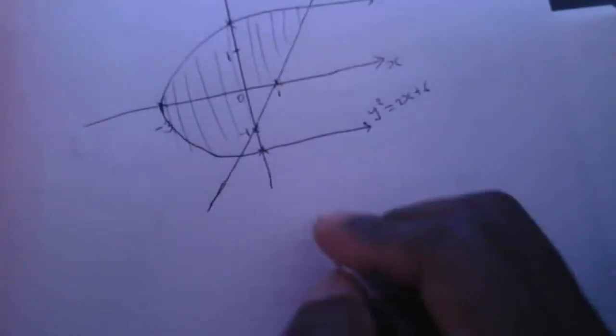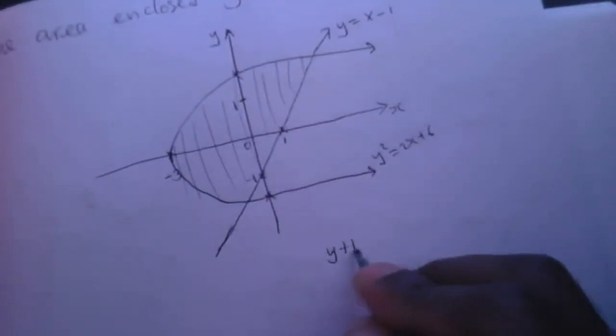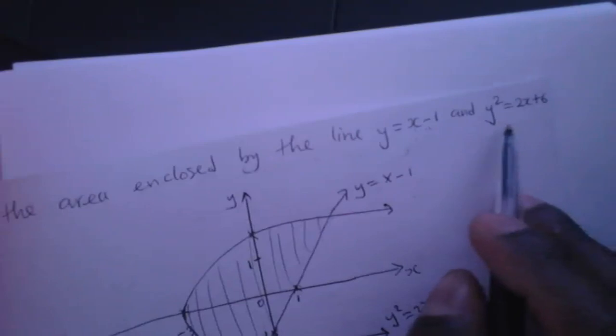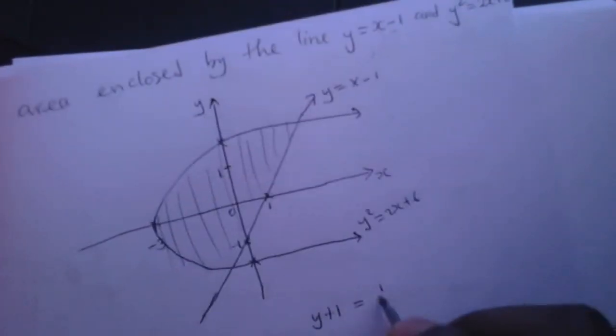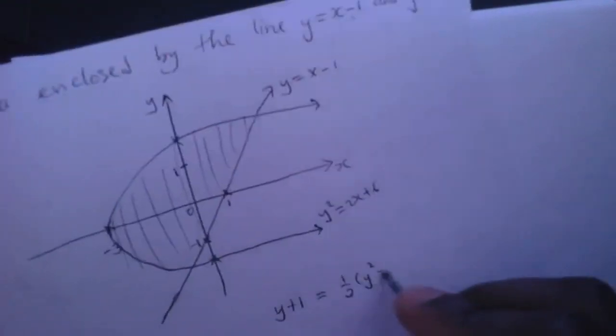So let's do that. If I make x the subject here, I just have y plus 1 equals, again here I make x the subject, half into y squared minus 6.